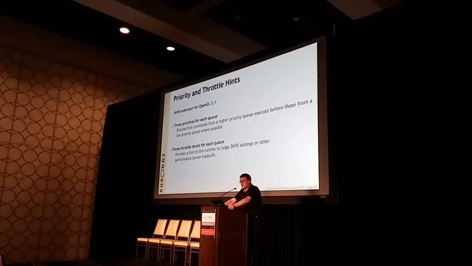Then, as extensions, we've added the ability to define priorities and throttling modes for a host of queues. So you can say that commands from a high priority queue should execute before a low priority queue where possible, and throttling levels so that the system knows that particular tasks are okay to run more slowly if you're going to get voltage and frequency scale requests.